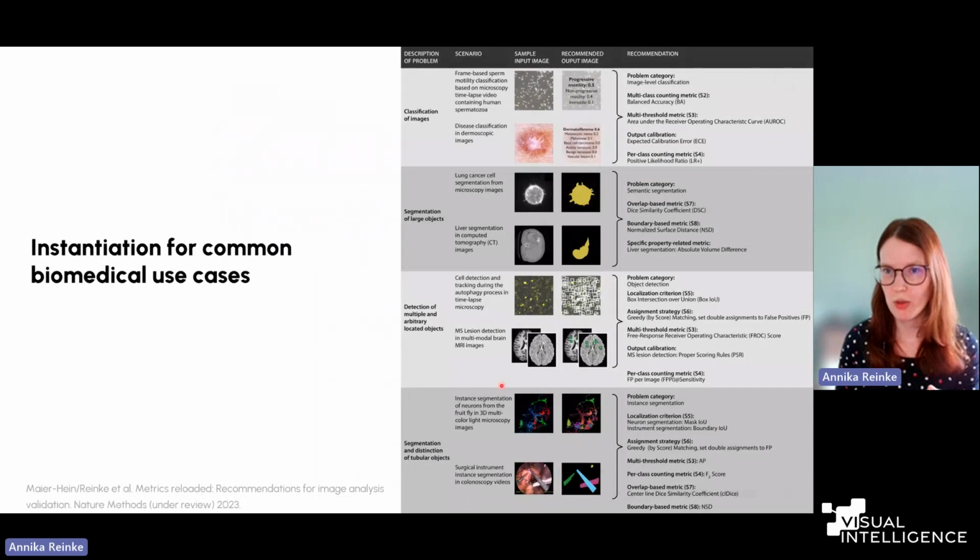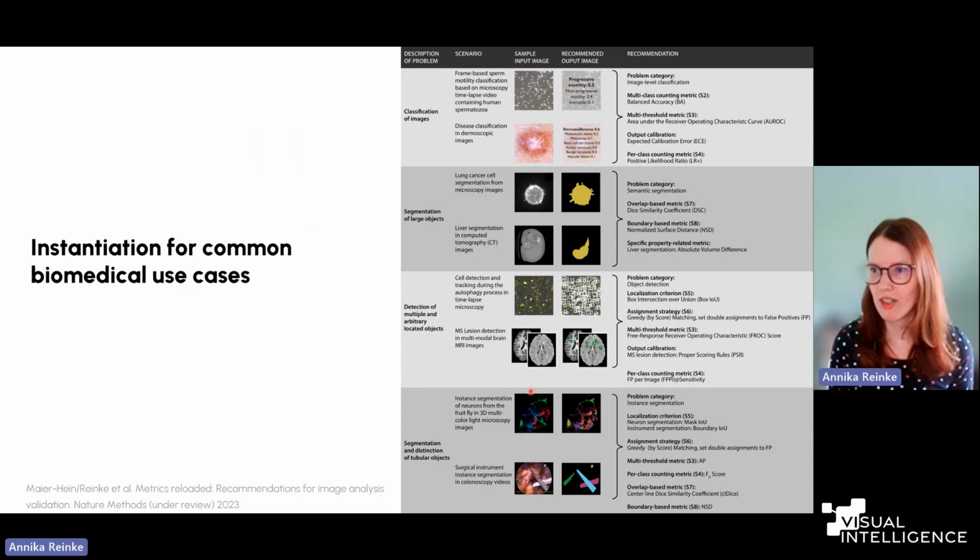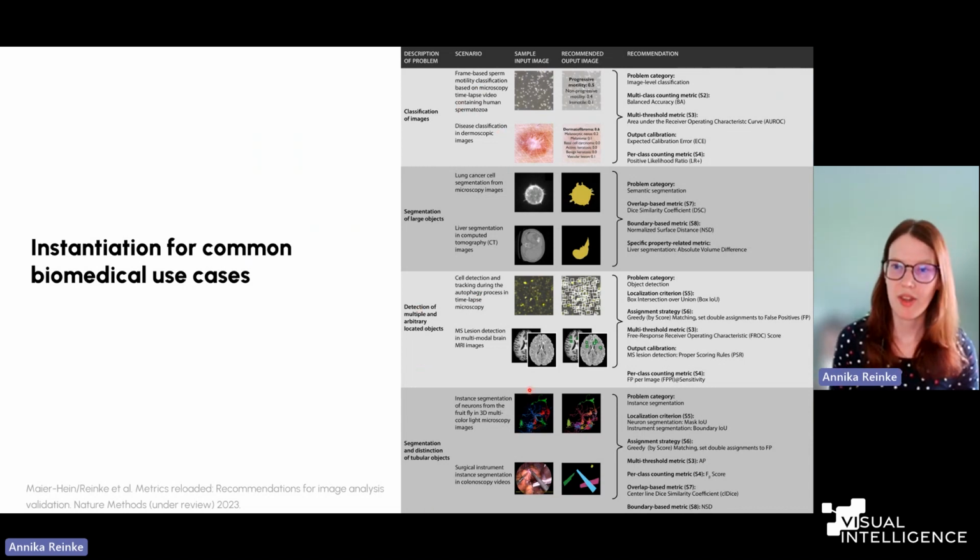And since we know that it's not so straightforward to follow all the steps, we instantiated the framework for common biomedical use cases that were requested by the community. So we asked, what are the use cases for which we would like to see recommendations? So in the paper, we include different types of scenarios. We include the fingerprint for them that we assumed based on literature research and by consulting experts. And here you see all the recommended metrics for those use cases.